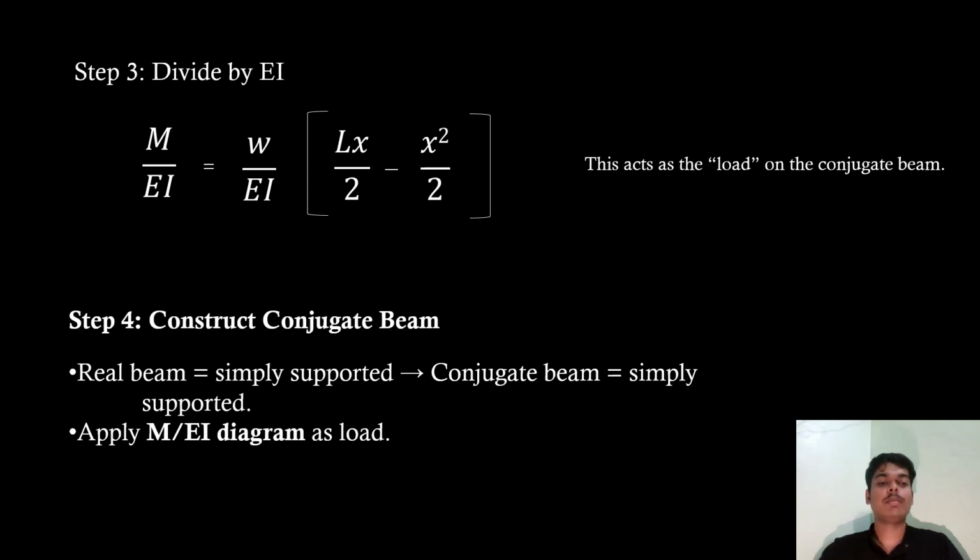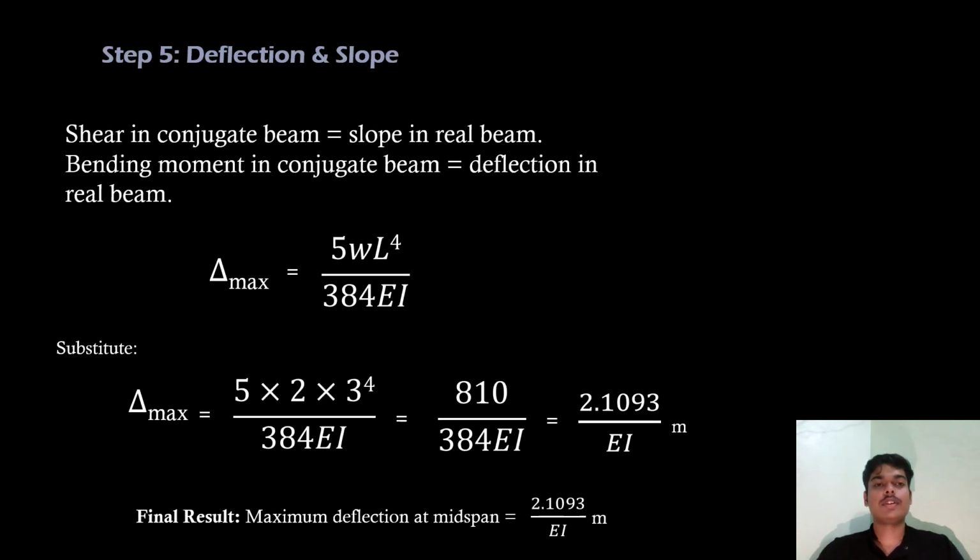Then apply the M by EI diagram as load. Step 5 is deflection and slope calculation, which includes: shear force in the conjugate beam is equal to the slope in the real beam, and bending moment in the conjugate beam is equal to the deflection in the real beam.